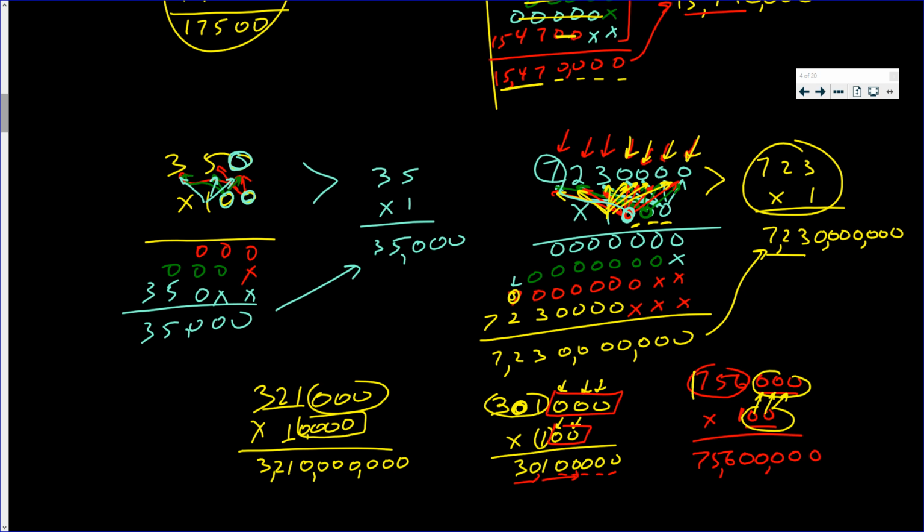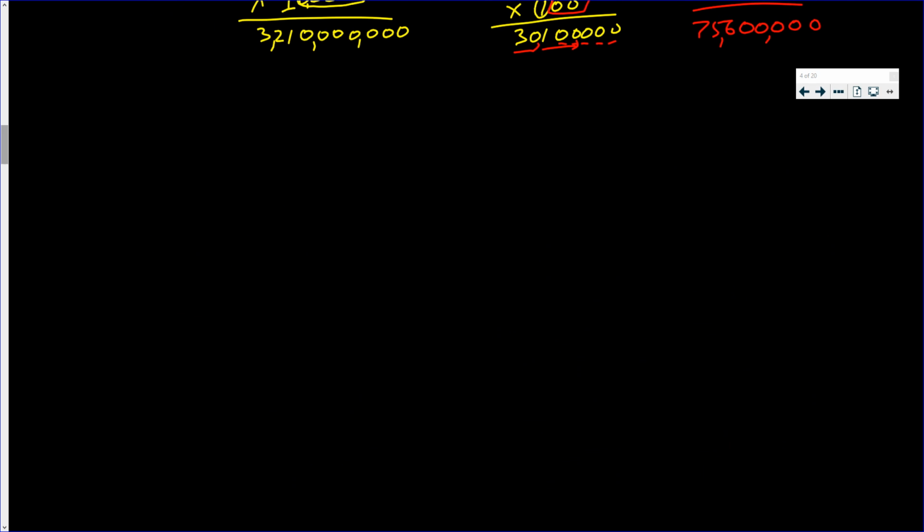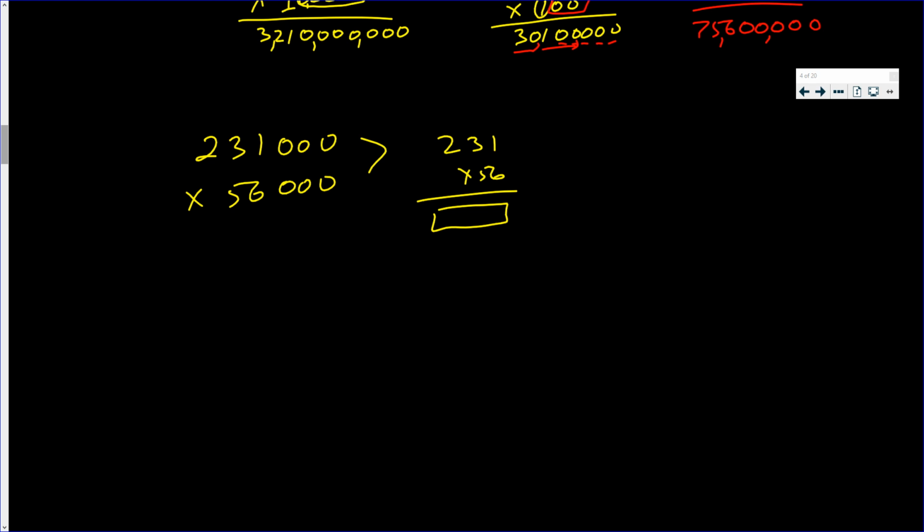Multiply the rest. Multiply those numbers. In other words, I probably won't work this out in detail, but if you want to multiply those two numbers, instead, just multiply this, get your answer, whatever it is, and then add on 1, 2, 3, 4, 5, 6 zeros.